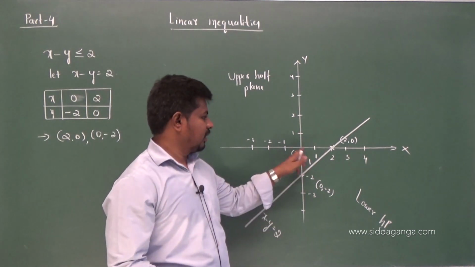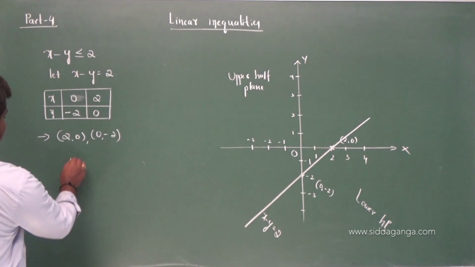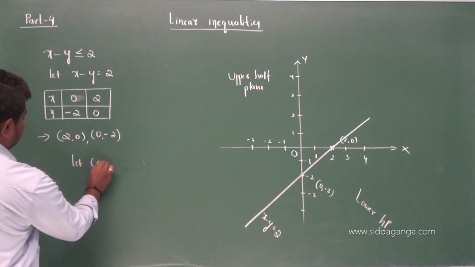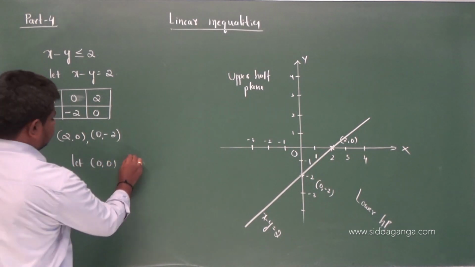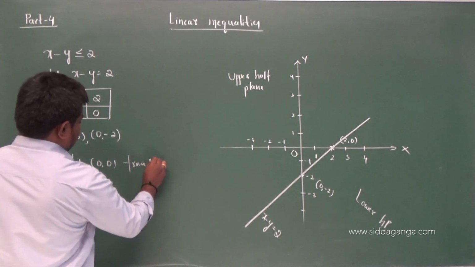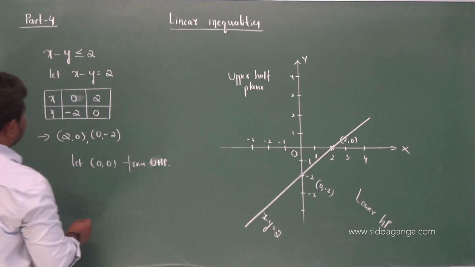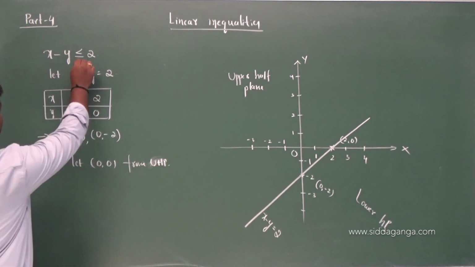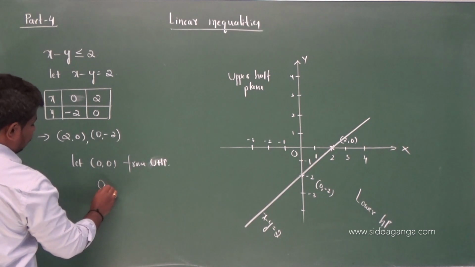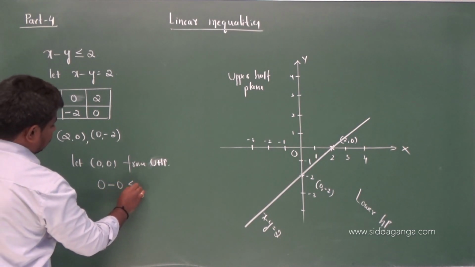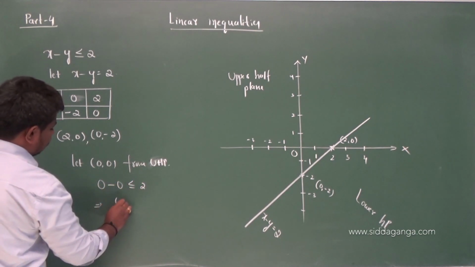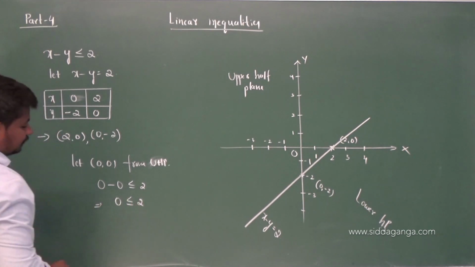Better you take 0 comma 0 from the upper half plane. Substitute this in the given inequality x minus y less than or equal to 2. So x is 0, y is also 0, which implies 0 is less than or equal to 2, which is true.